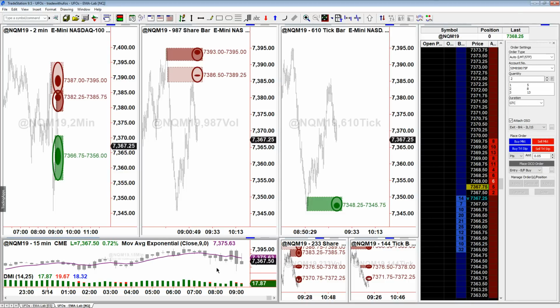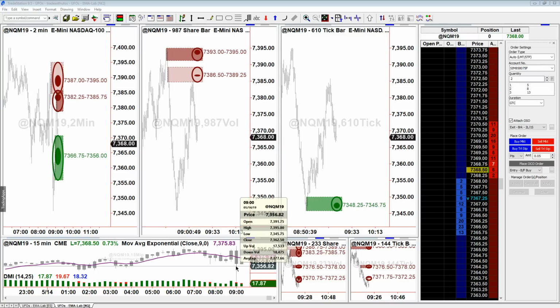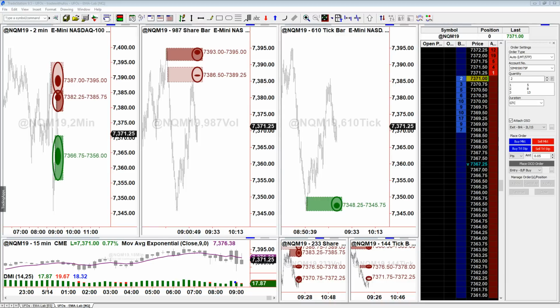I want to make sure the prior candle closed below. So let me give you that screenshot, 62.5, and the average is 77. So yes, on the Nasdaq, we are clearly closing below.